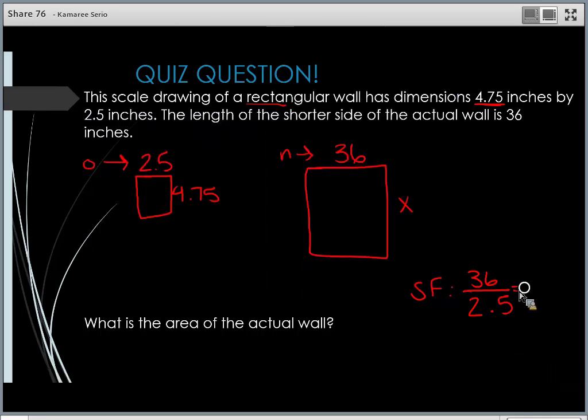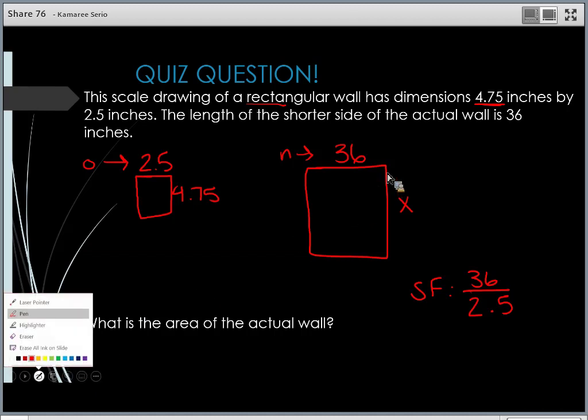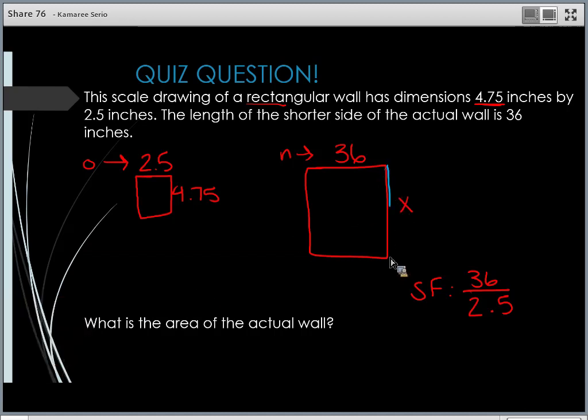And then remember to figure out what x is, I need to take my scale factor and multiply it by the known side, which is this 4.75. I want to know how tall this side is, which means I need to use this side number to tell me. So I'm going to take my scale factor of 36 over 2.5 and multiply it by 4.75.